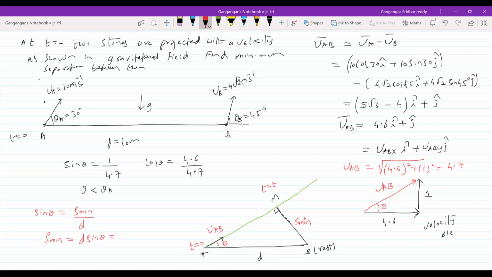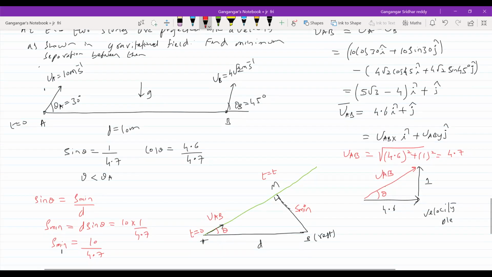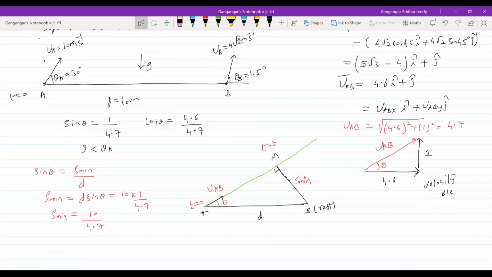What is the value of sine theta here? D is 10, and 4.7. So 10 by 4.7 is the minimum separation. You see it is less than 10. And at what time will that separation be minimum? Minimum separation means U_AB is equal to AM by T. What is AM?